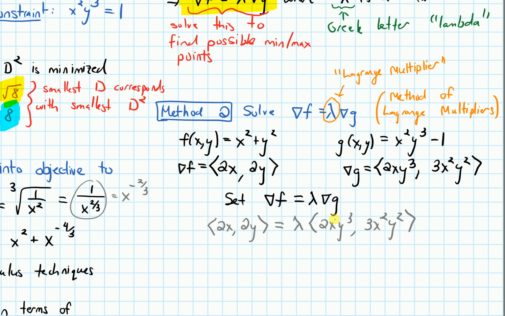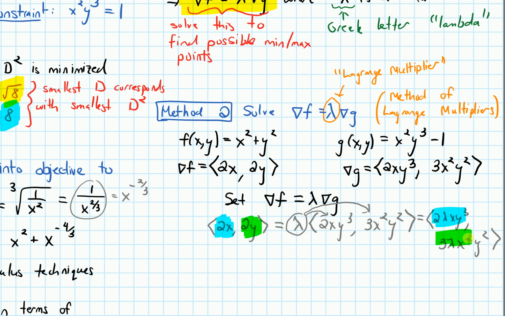We want to set these two things equal to each other. On the right-hand side, when we multiply lambda times our vector, lambda gets distributed in because it's a constant. That gives us 2 lambda x y cubed comma 3 lambda x squared y squared. For these two vectors to be equal, their x components have to be equal, and their y components have to be equal.